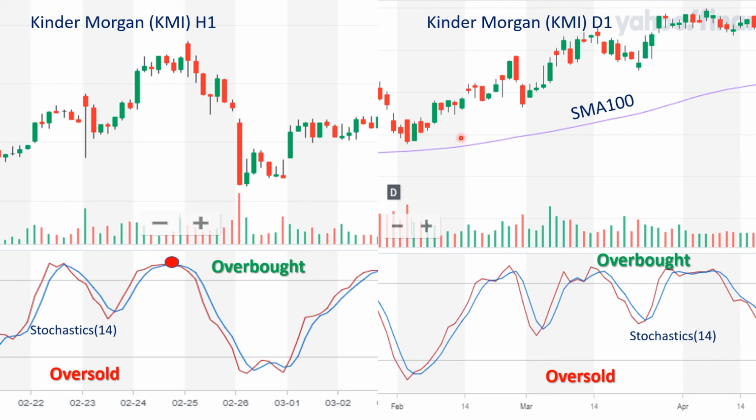If the price is going down, meaning the price is below the SMA 100, then you ignore the oversold area. So this is the professional way to use this indicator and make a profit.